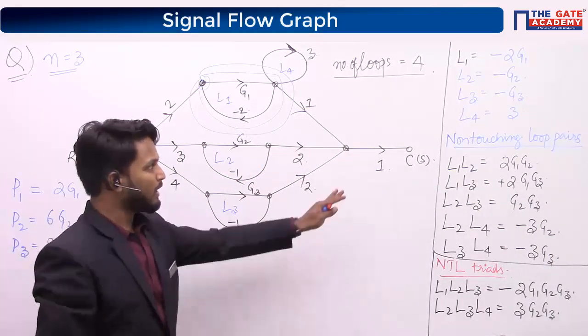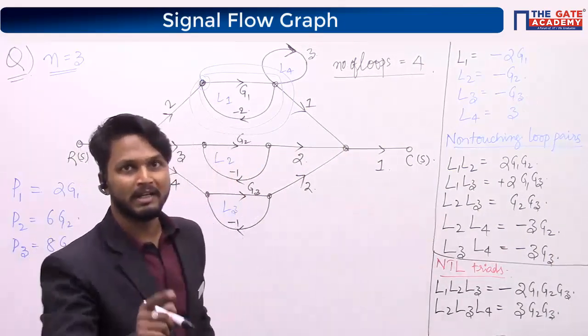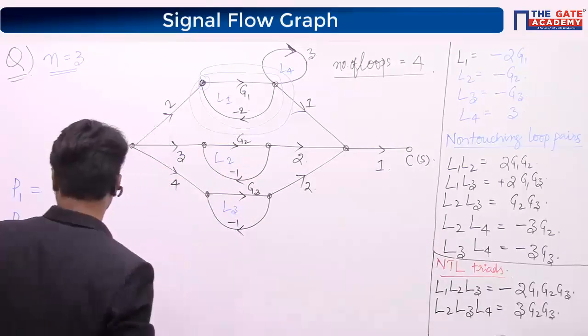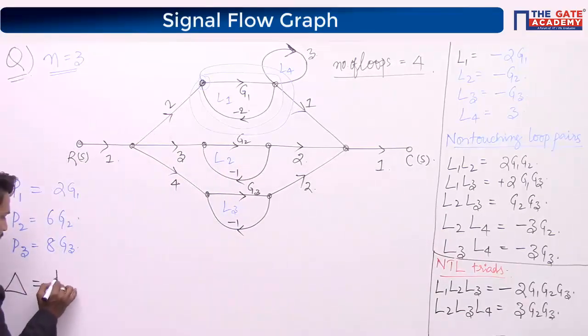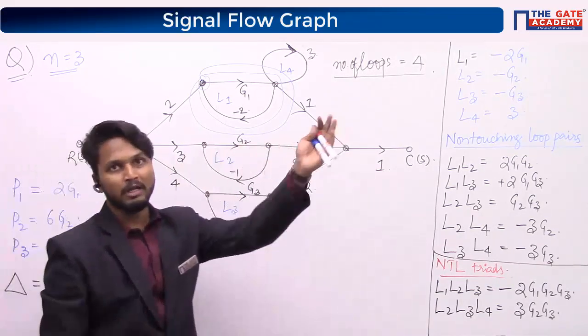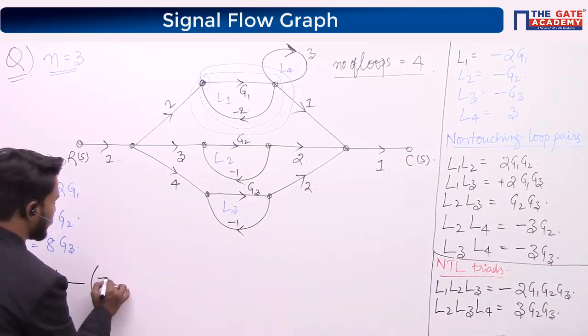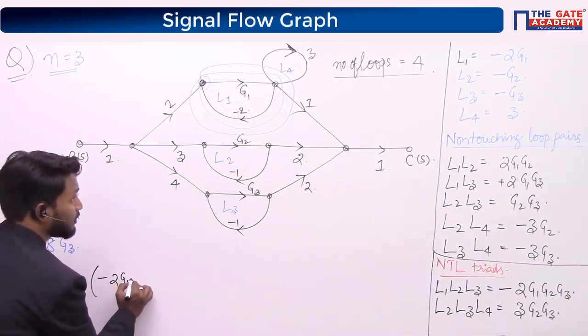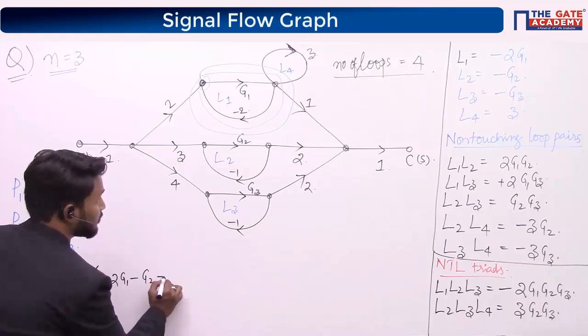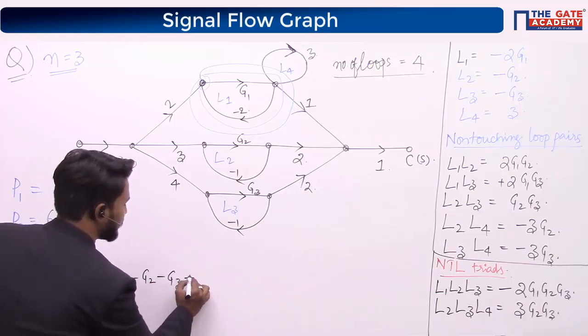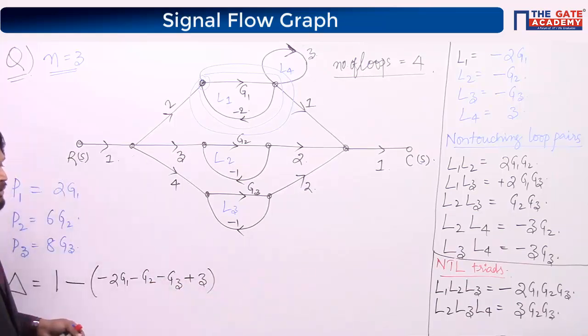Right? So after writing all these things, we need to write delta. What is delta? Delta is equal to 1 minus summation of all individual loop gains. Summation of all individual loop gains: minus 2g1 minus g2 minus g3 plus 3. Right?